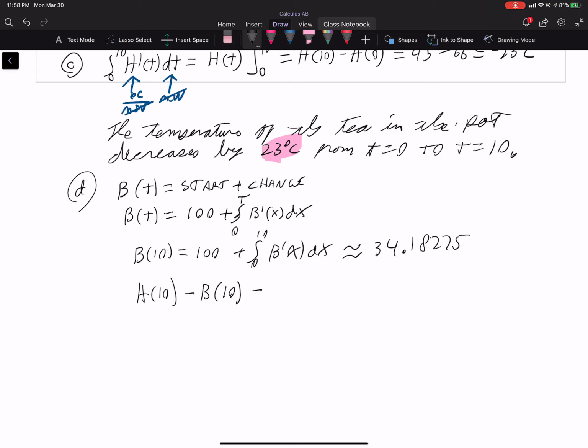H of 10 you get from the table, 43, and then B of 10 is 34.18275. If you subtract those, you get 8.817. That's the difference in temperature between the biscuits and the tea. Sorry about that. Took longer than I wanted to, but that's it.